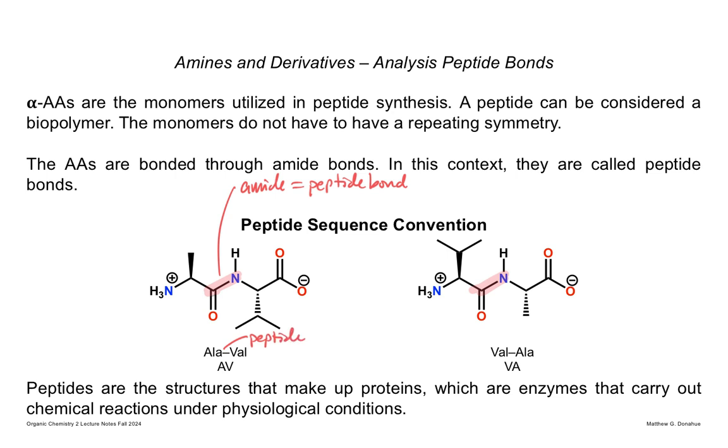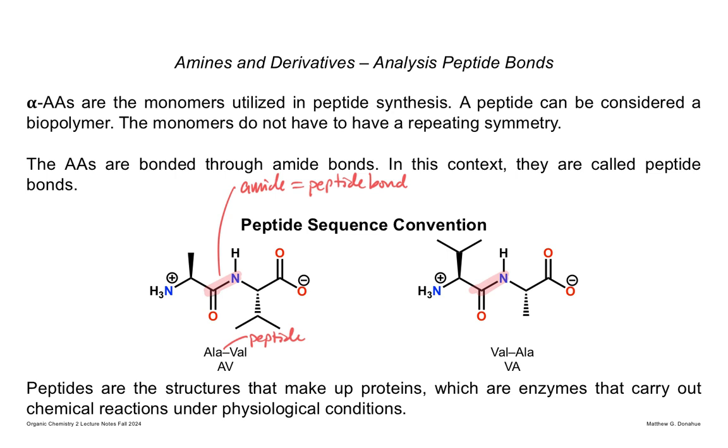And as you move forward in these classes, rather than using the 3-letter, everything's abbreviated to the 1 letter. So Ala-Val is abbreviated AV. An isomer of that, which contains the same amino acids but in a different sequence, is now VA. And those are 2 different things.